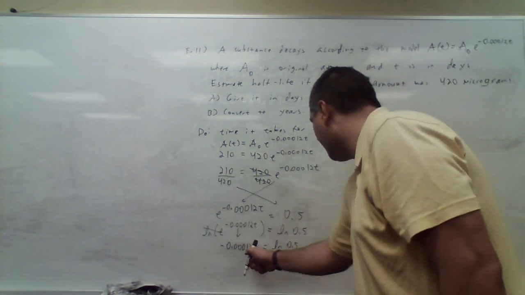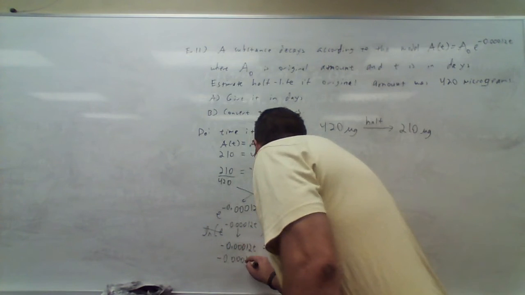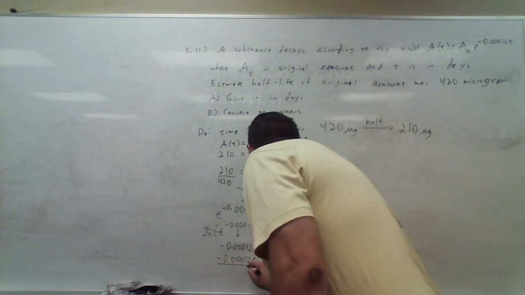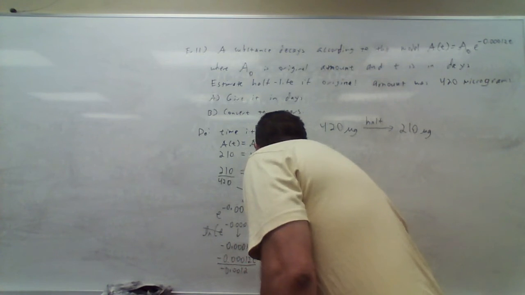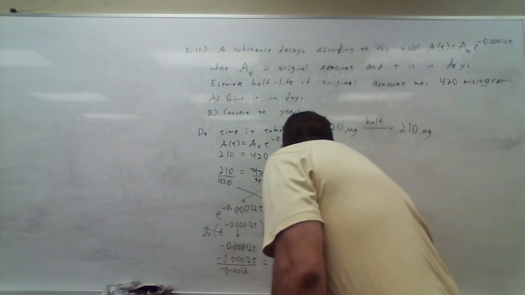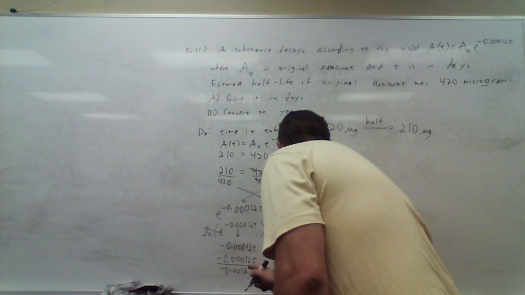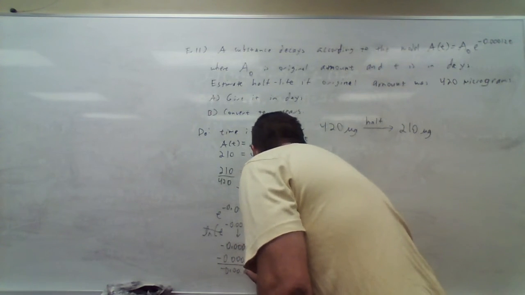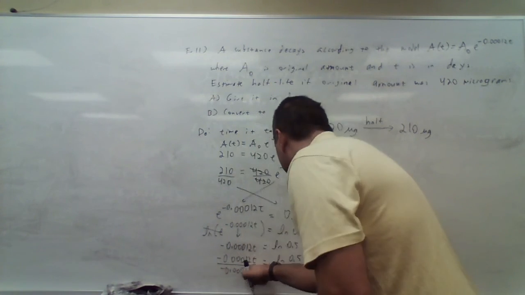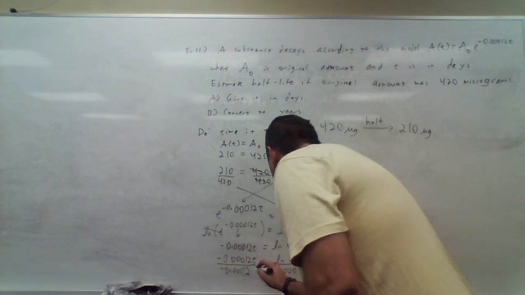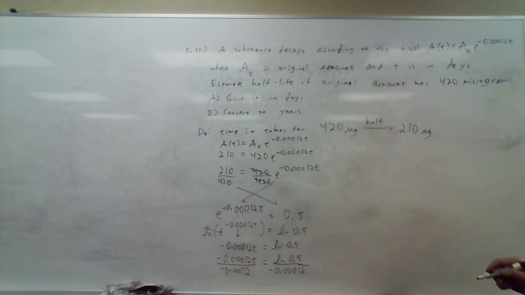Next up, I want to divide both sides by negative 0.00012, like so.